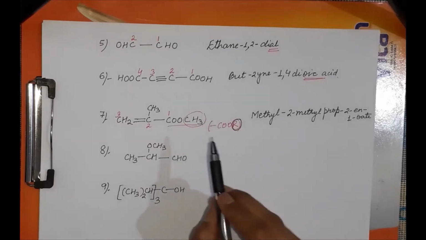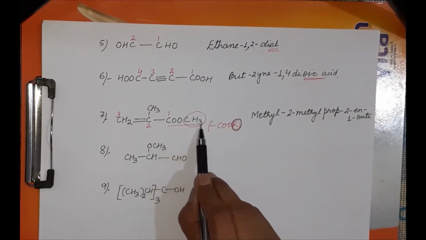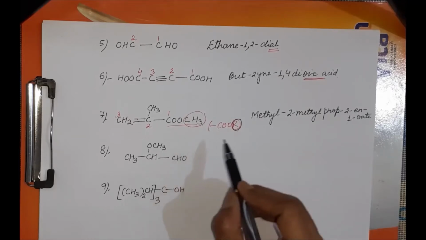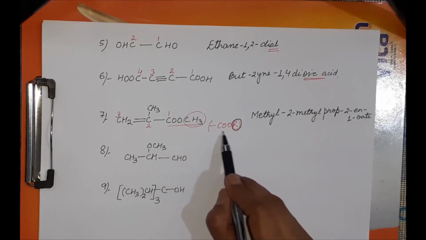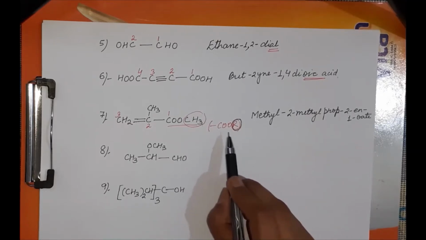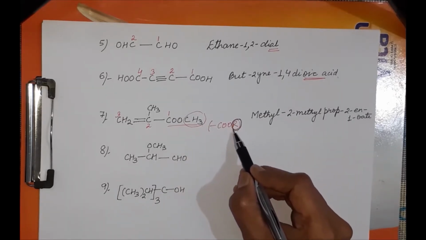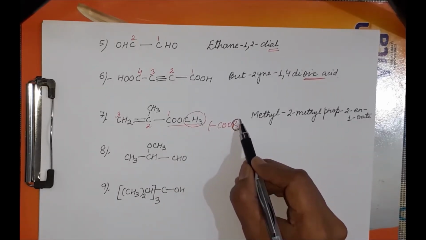Again I will repeat: this compound has an ester as a functional group, which we can write like this also, COOR. For such compounds, when we write the IUPAC name, the name of this R group is written first.